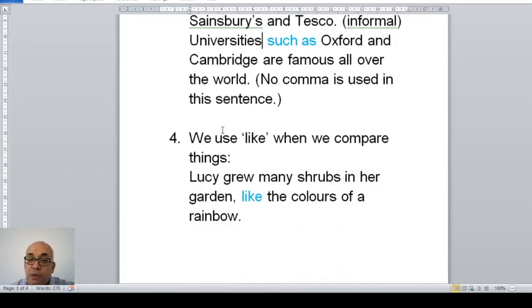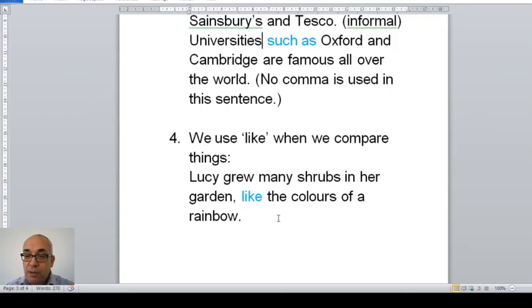Number 4, we use like when we compare things. Lucy grew many small trees, shrubs, in her garden, comma, like the colors of a rainbow. So here, I use like to compare things. Lucy grew is the past of grow.